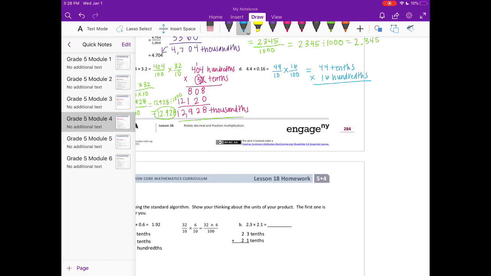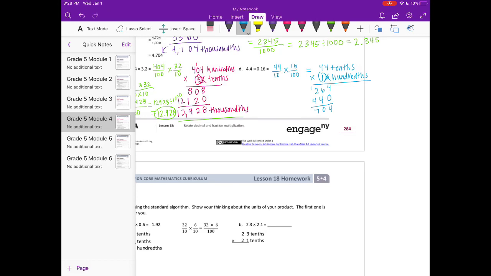If I multiply this out, I have 6 times 4 is 24, carry the 2. 6 times 4 is 24, plus 2 is 26. Put my 0 down, erase what I carried, onto the 1. 1 times 4 is 4, 1 times 4 is 4. Add it together.